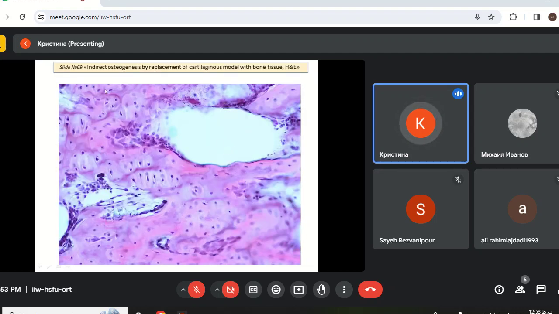In this area, you can see the endochondral bones. They have two colors. In the middle area, more basophilic in color, calcified cartilage, and at the periphery, more oxyphilic bone tissue. It is made up with the osteoblasts, which are active in this area.